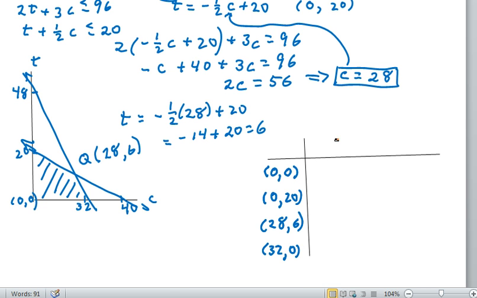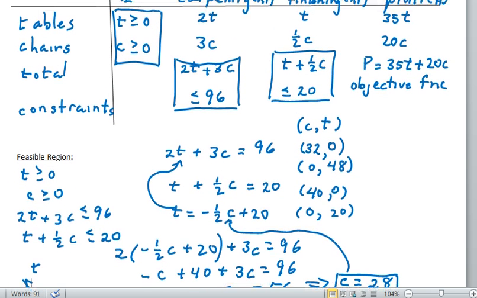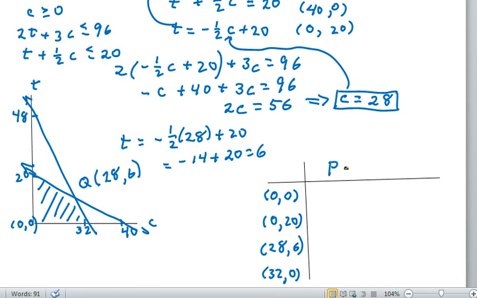And going back up, we see that our P, our objective function, was 35T plus 20C. I'm going to write it as 20C plus 35T because my ordered pairs are in the form C comma T.